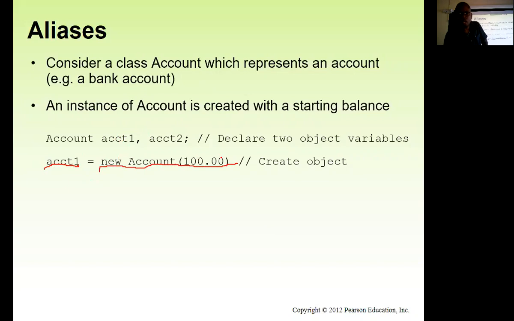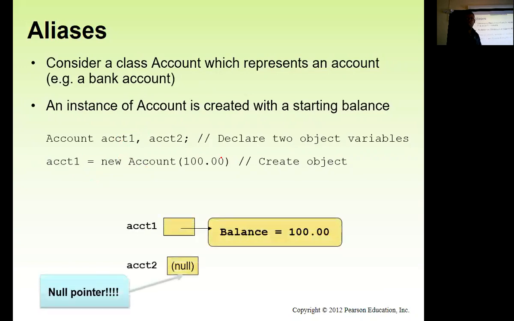Yes? Now, that's what ends up happening. Now notice acct2 is not pointed anywhere, because we have not instantiated acct2. We only have said acct2 should be an object reference, but the object that it references has not yet been created.